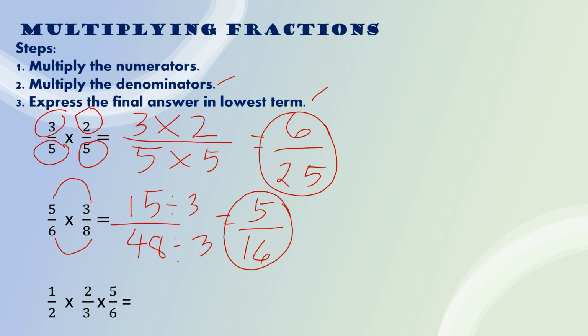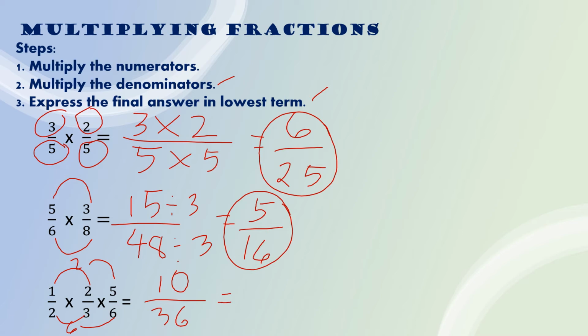Then let's go to our example number 3. You may ask, but teacher, we have 3 fractions. Is this also applicable to that? The answer is yes. Let's just multiply all the numerators. 1 times 2 is 2, then 2 times 5 is 10, over 2 times 3 is 6, 6 times 6 is 36. Then let's simplify.